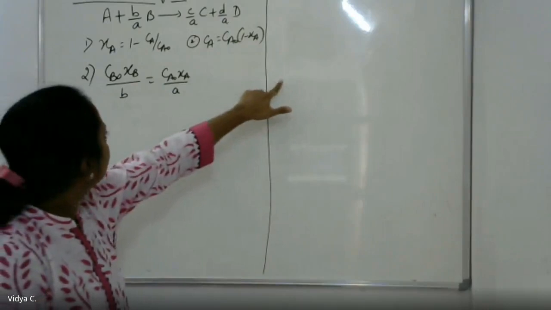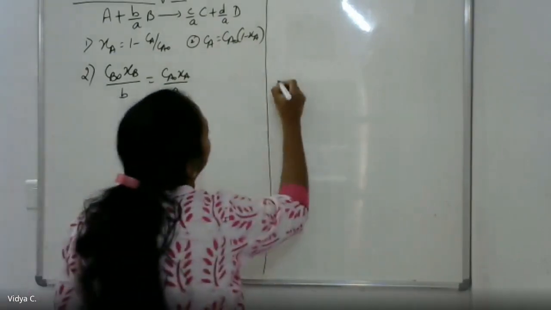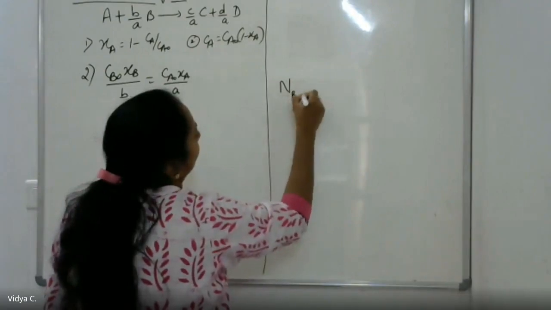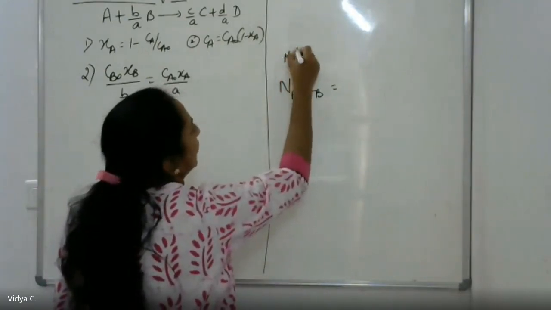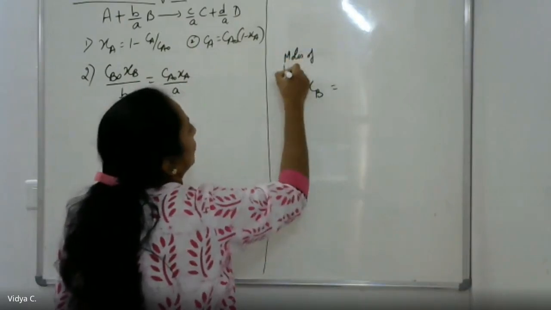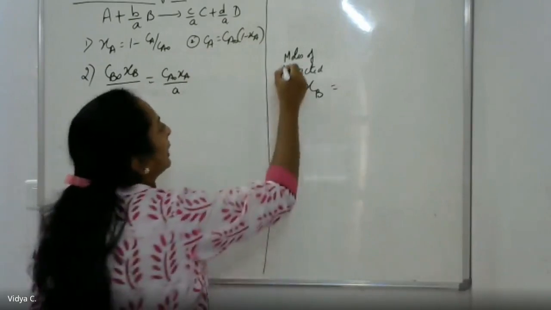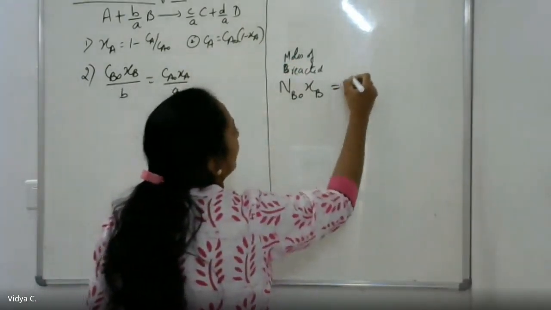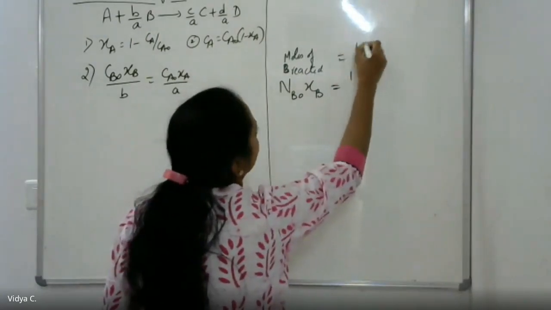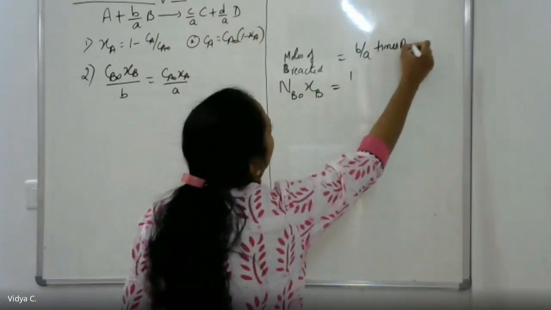I'll just show the derivation here and I can rub that later also. See, NB naught into XB, what is this? Moles of B reacted, correct? Moles of B reacted, I can call that NB naught into XB. This is equal to what? Moles of B reacted is B by A times A reacted.